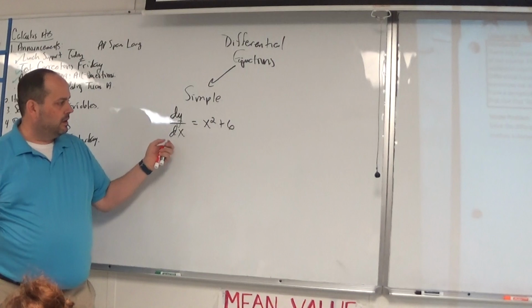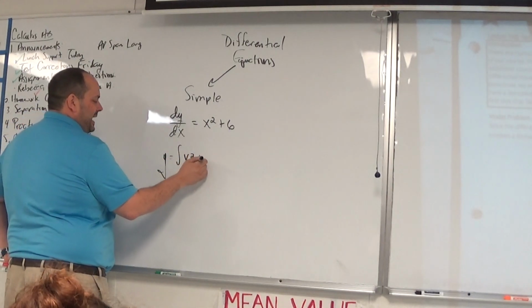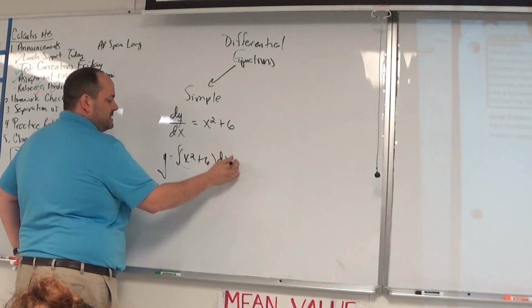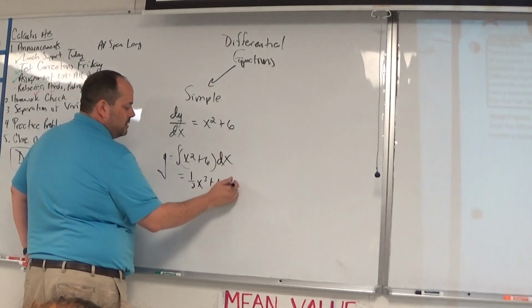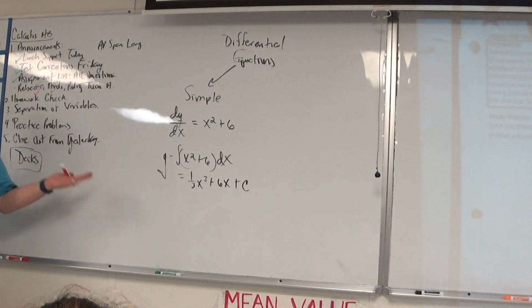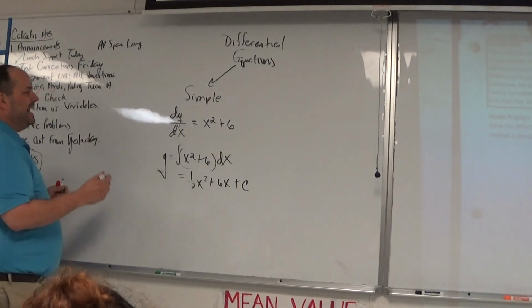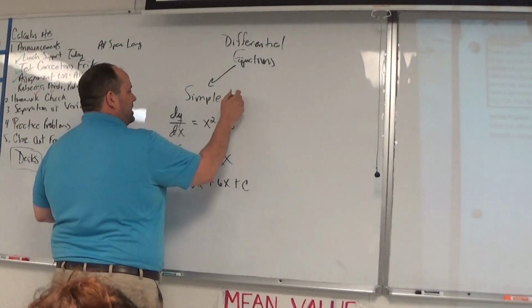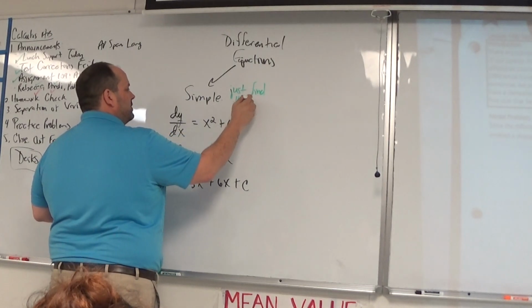The antiderivative. You're going to find an antiderivative. You're going to say y is the antiderivative of x squared plus 6, and everybody knows that this is 1/3 x cubed plus 6x plus c. These are the simple ones. Not easy. They're simple because you just integrate or just find the antiderivative.